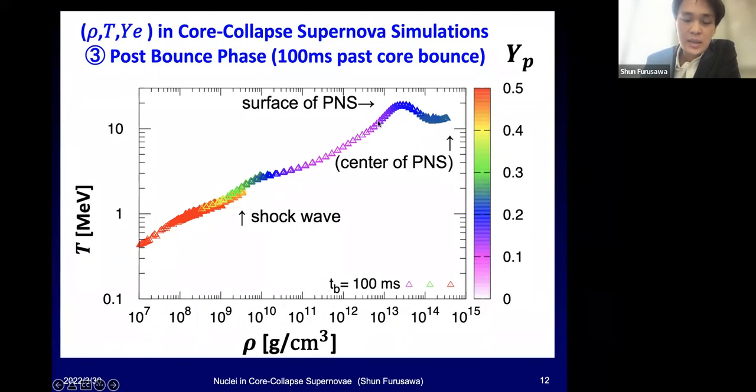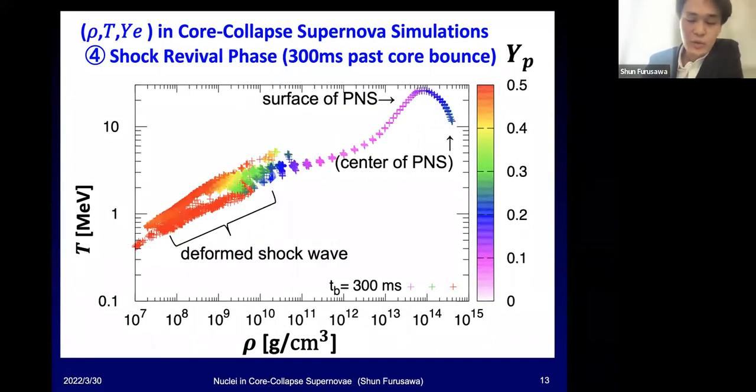This is the profile of shocked matter in the shock revival phase. In 2D or 3D simulations, the shockwave is deformed and there are various profiles. The temperature, density and charge fraction depend on the polar angle. So there are various temperatures, densities and charge fractions.